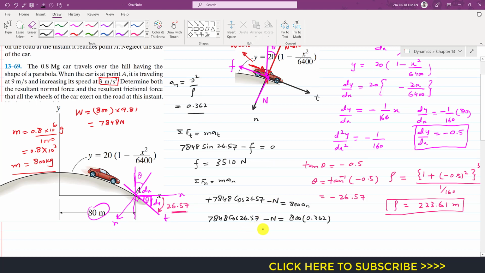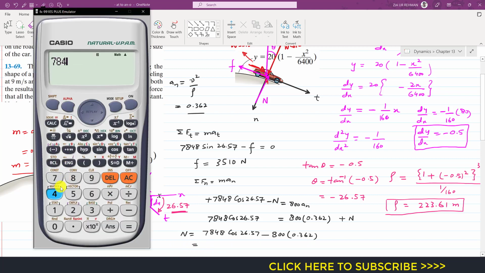If I bring this N to the right hand side, it will become positive, and if I bring this to the other side, it will become negative. So we can say that N is equal to 7848 cos of 26.57 minus 800 into 0.362.